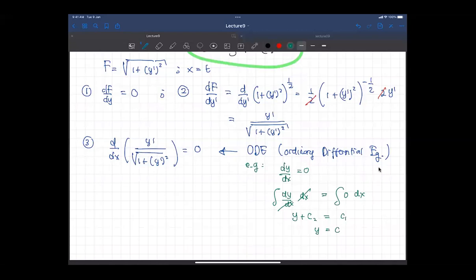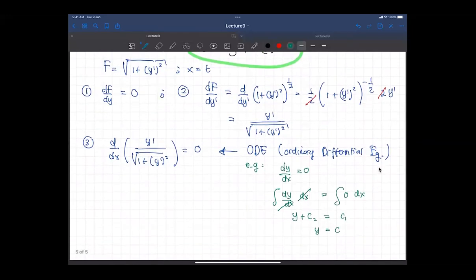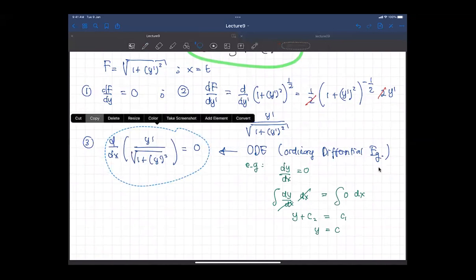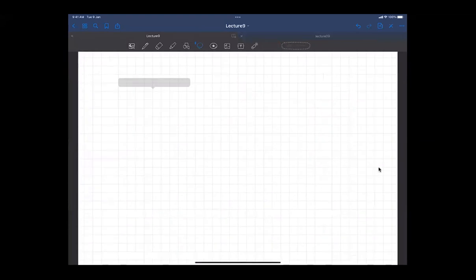You can have y that is equal to c. So for our case here, the same way of thinking. So let's look at this equation here.